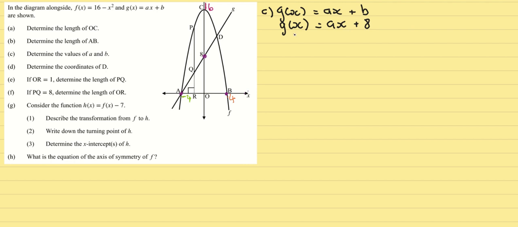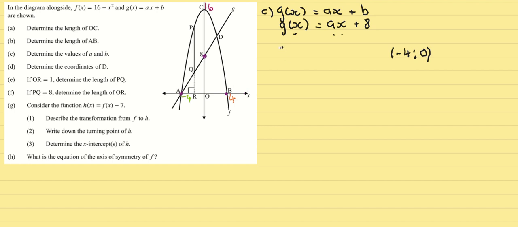From here we have 2 unknowns left, and so this can easily be solved by substituting a single coordinate. If we have a look at the graph of g of x, we only have one other point on this graph, and that would be at point A. So we substitute point A, which is negative 4 and 0, and from there we can find the value of a, or the gradient of this function.